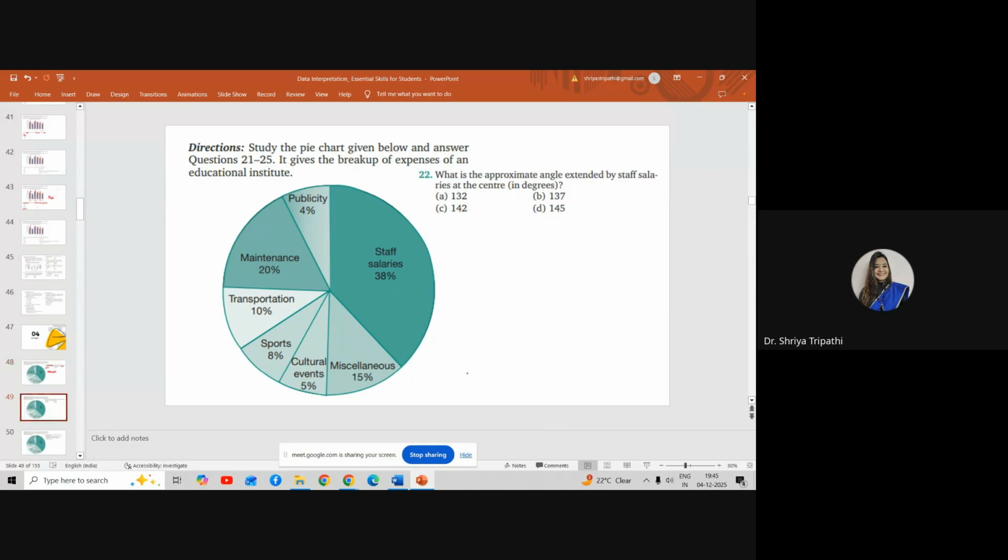Okay, good. Next question. What is the approximate angle extended by staff salaries at the center in degrees? Staff salaries.